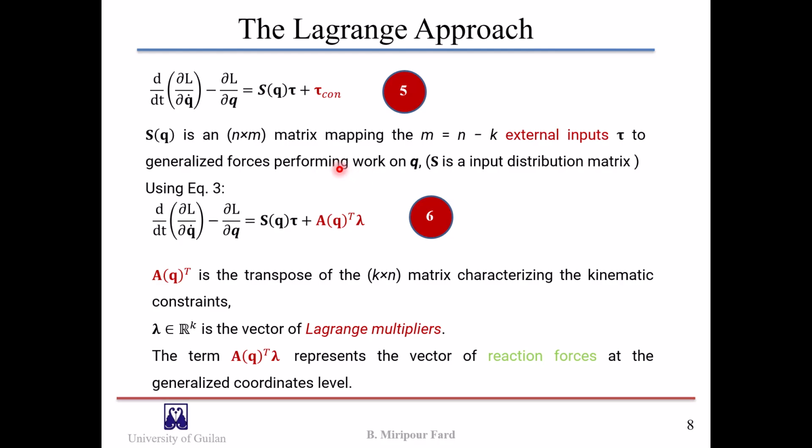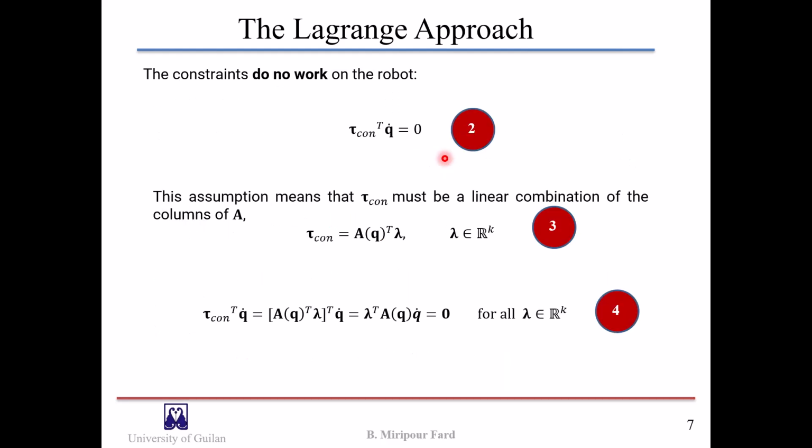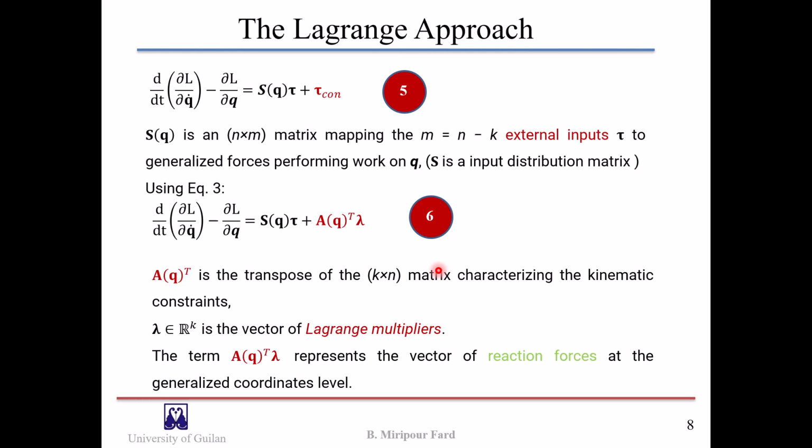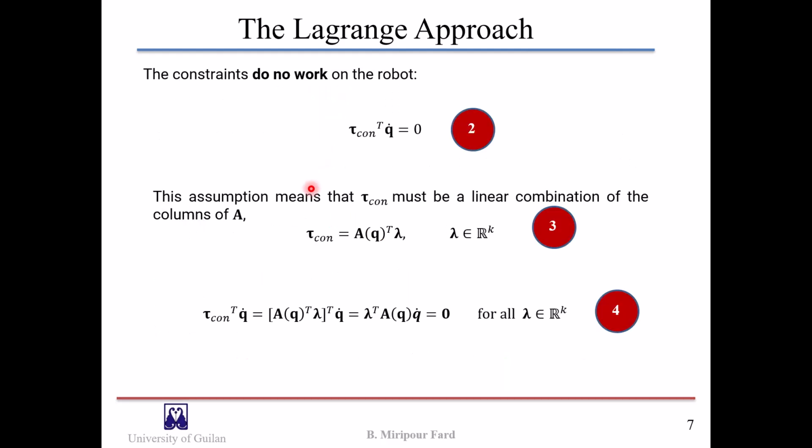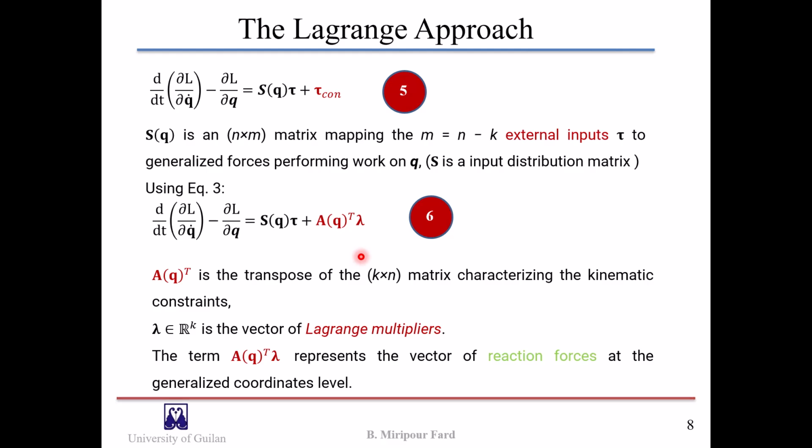Anyway, using equation 3 that you can see here, one can write equation 6. We replace tau con with A transpose times lambda, and we obtain equation 6.